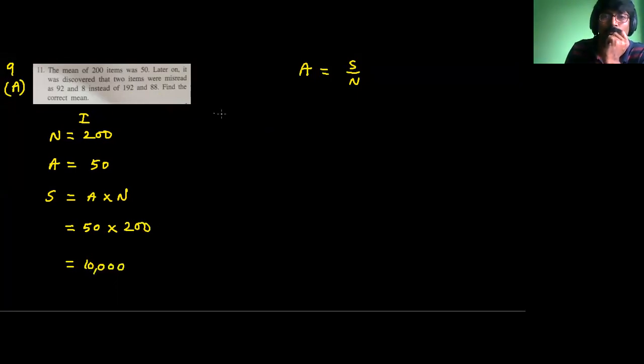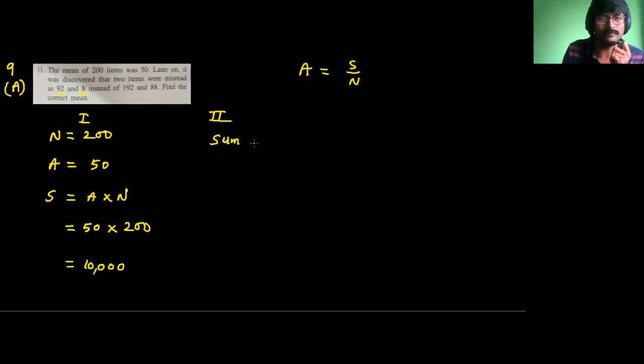Now case 2. What happened in case 2? We'll have to read very carefully. It was discovered that two items were misread as 92 and 8, instead of, in reality, 192 and 88. So what will be the new sum?